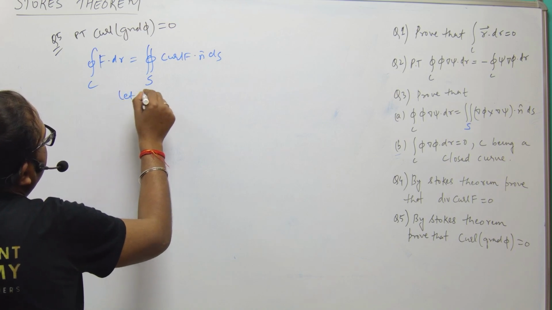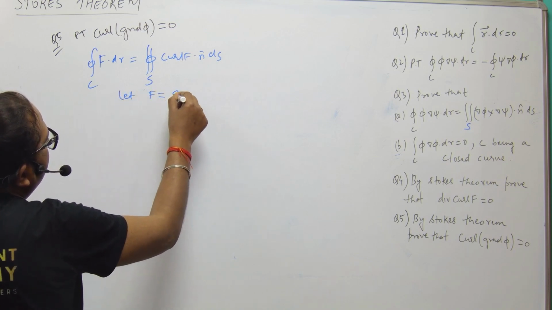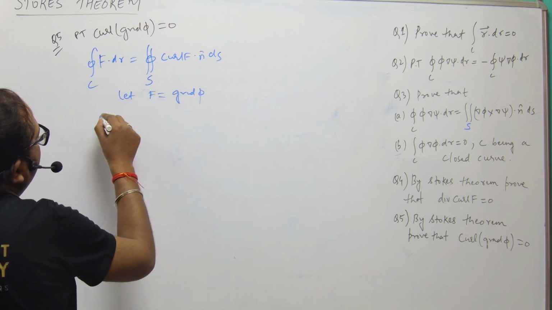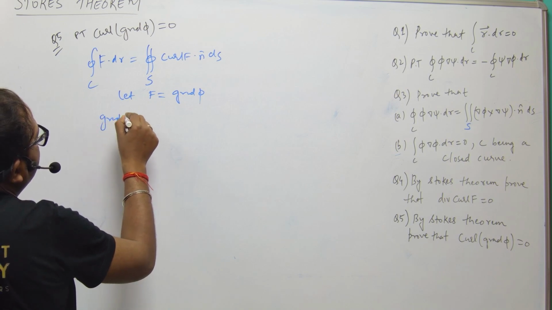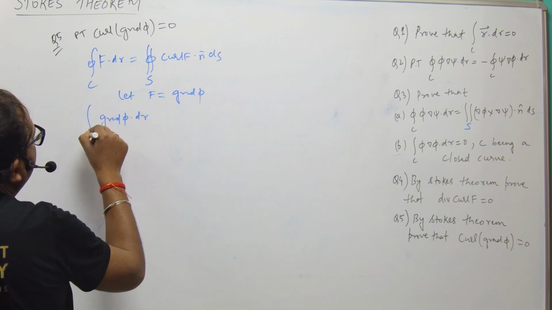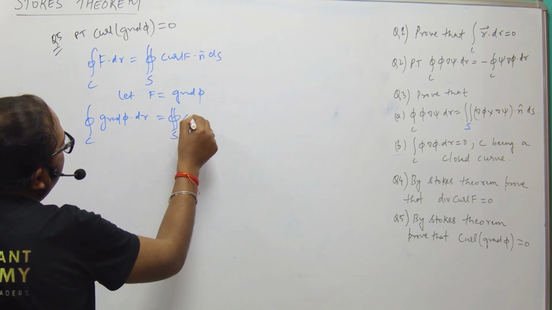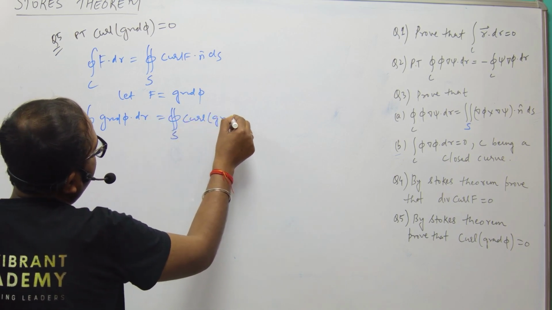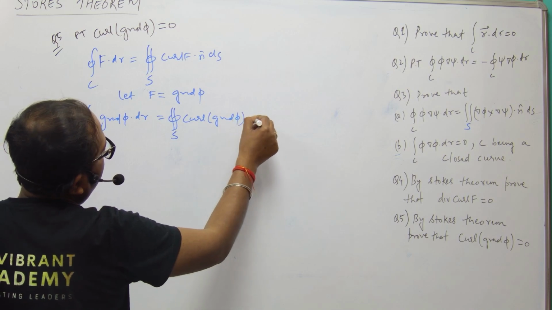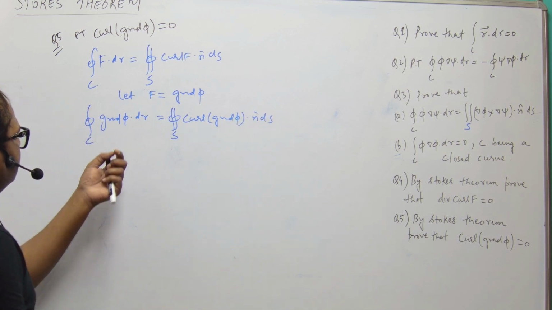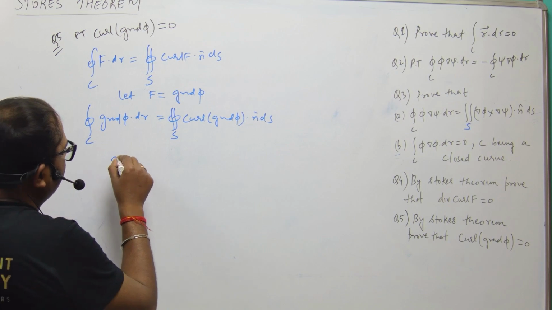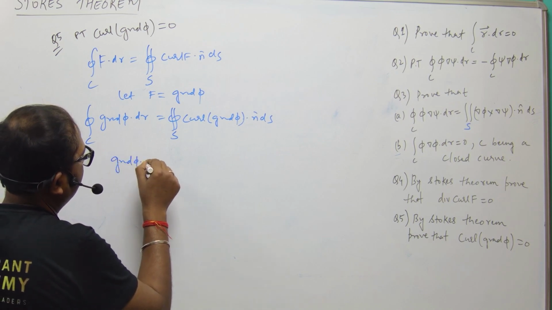Here f is equal to gradient of phi. We have the integral of gradient of phi dot dr along the curve C equal to the surface integral of curl of gradient of phi dot n cap into dS.